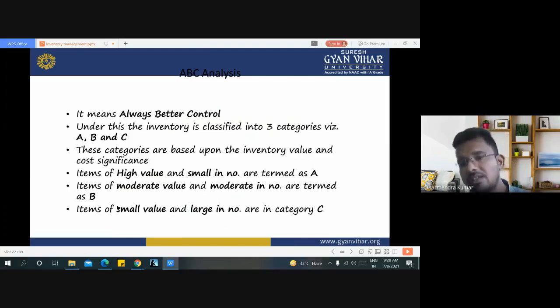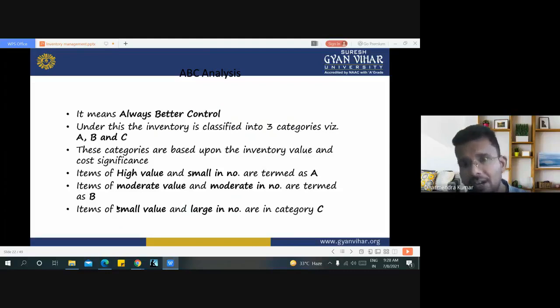Thus, in the ABC analysis, we group items into three categories: category A, category B, and category C. In A category, we put a small number of items which carry more inventory value, on the basis of pricing.